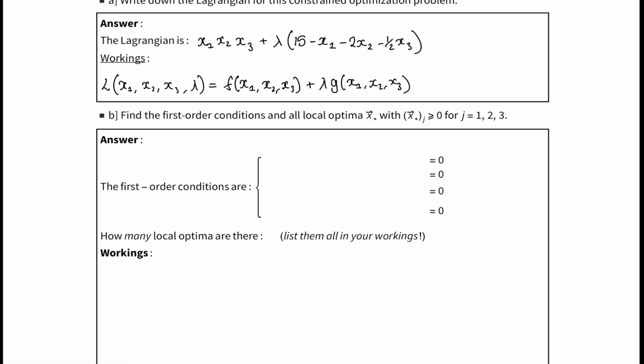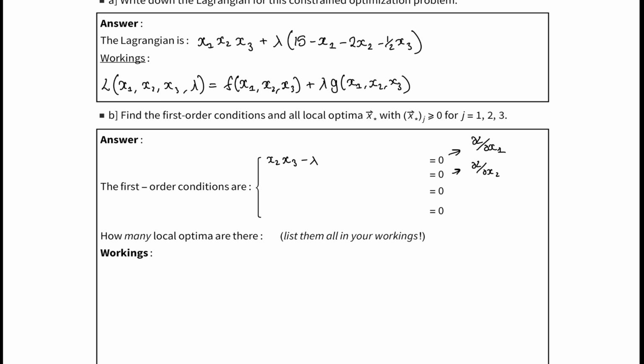Part B, find the first order conditions and all the local optima, the vector x asterisk, with x asterisk j being greater than or equal to 0 for j equal to 1, 2, and 3. Cool. So if we work out the first order conditions now, we partially differentiate the Lagrangian with respect to x1, and we get x2 multiplied by x3 minus lambda.